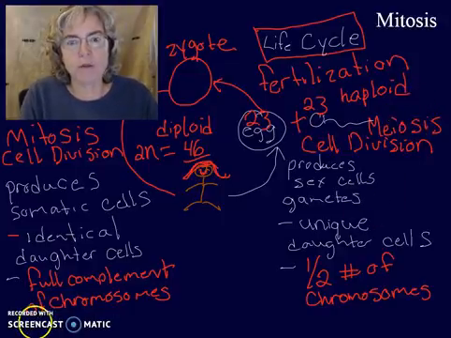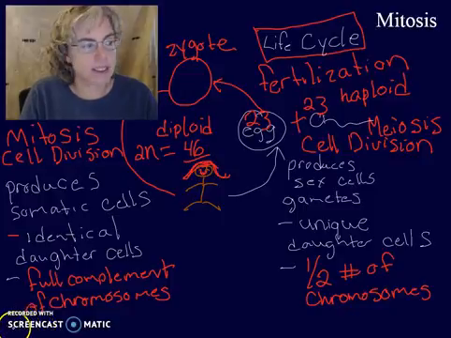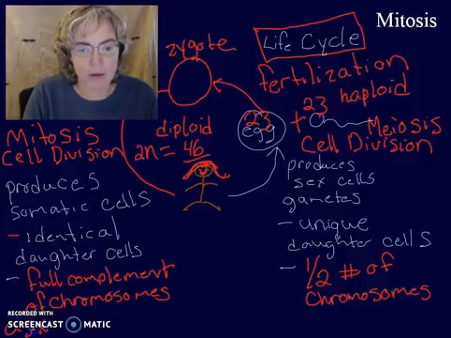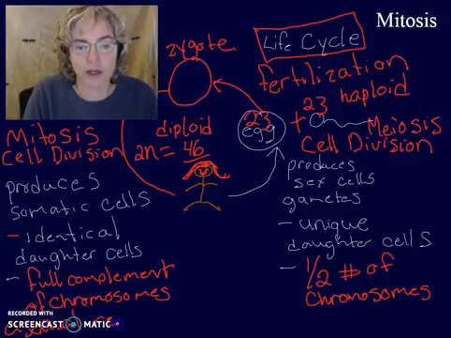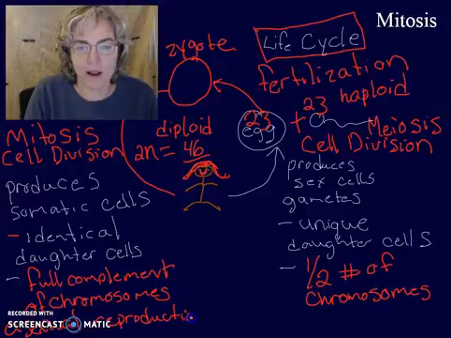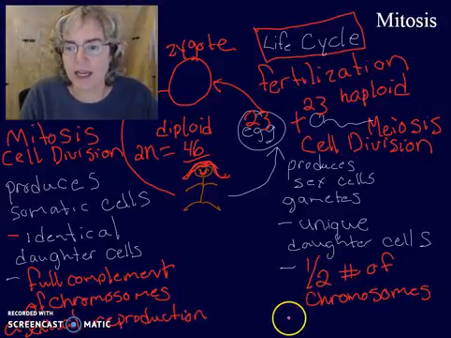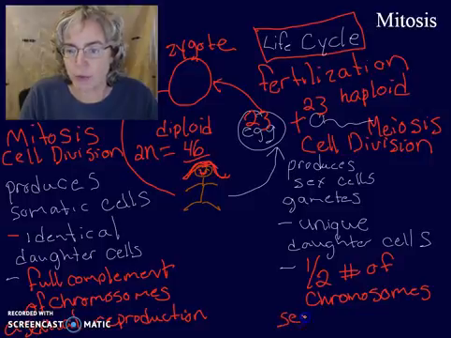Okay, so over here, cell division with mitosis is considered asexual reproduction, oops, there's an A in there. And cell division with meiosis is considered sexual reproduction.